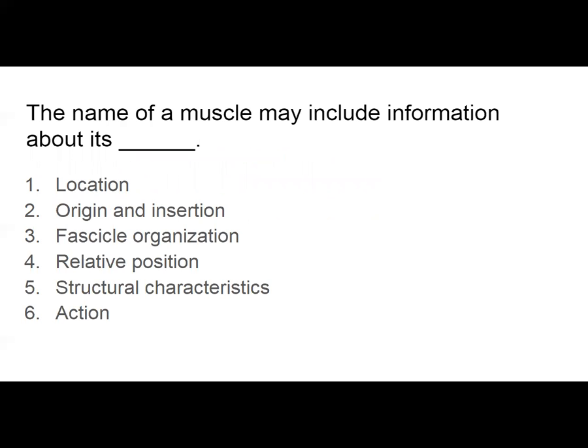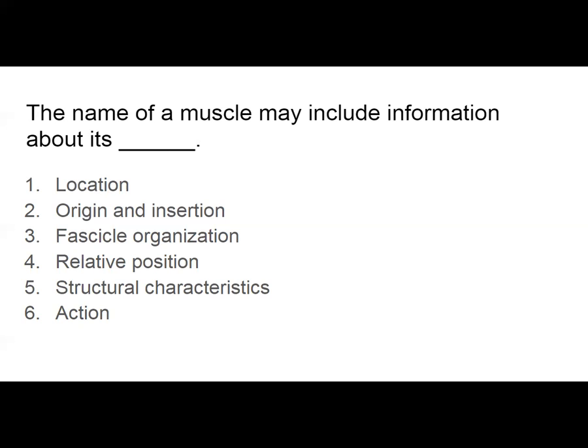Okay, another sentence you're going to have to finish or provide answers for is, what can the name of a muscle tell you about that muscle? You may have to provide some set of these. I won't tell you how many, so just generally know them all. The name of a muscle might be able to tell you information about its location, like where it is in the body.